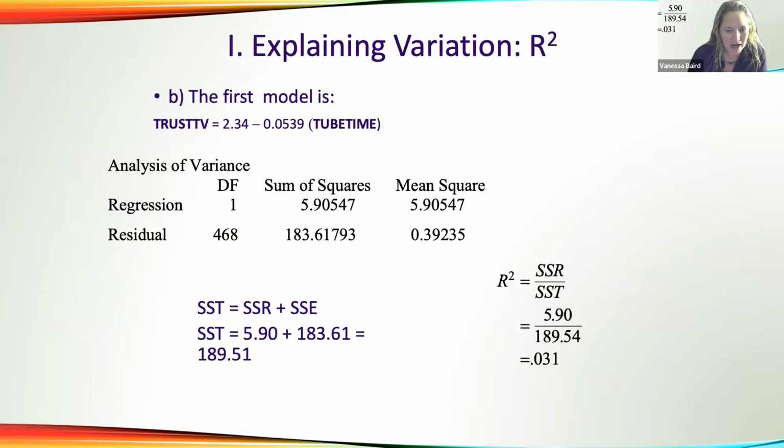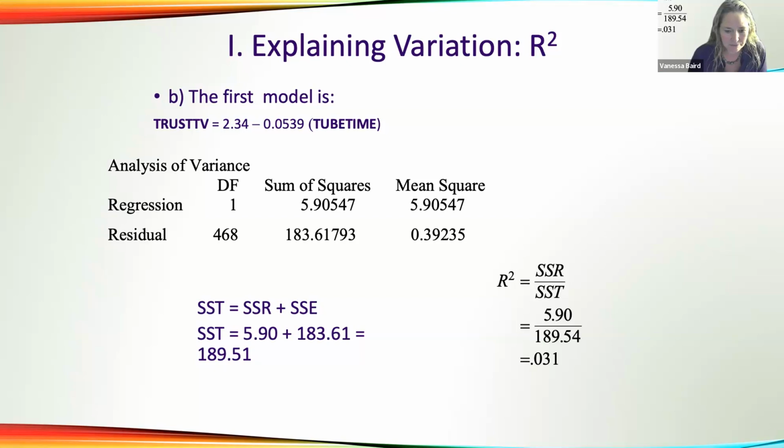So now we've just got trust in TV associated with tube time. And you've got your model sum of squares and your residual sum of squares. You divide that, and you've got an R square now of 0.031.